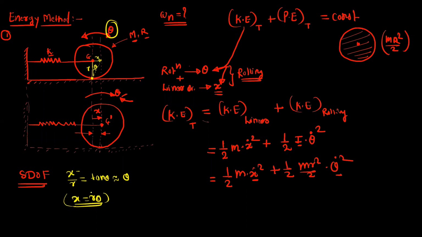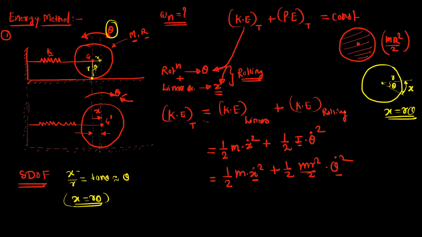This is the same relation as for the length of a sector. If you consider the circle, and this length is x and this angle is theta, this is r, so we can write x is equal to r theta.